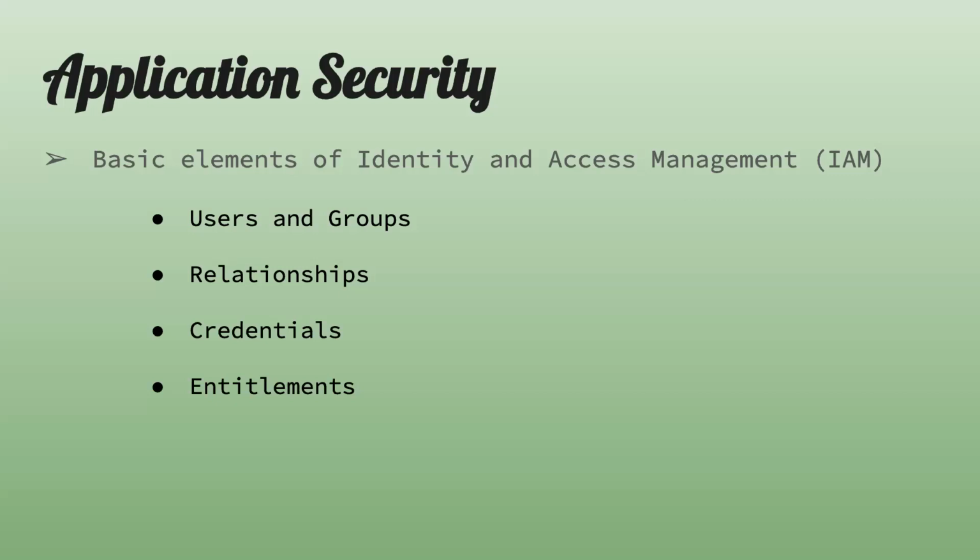These credentials need to be stored securely. And entitlements are how these users, groups, relations and credentials are arranged together to form security policies, for instance group memberships, attributes, role-based access policies and attribute-based access policies. Those kinds of things go to entitlements.